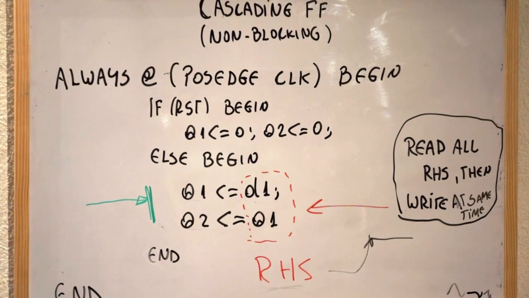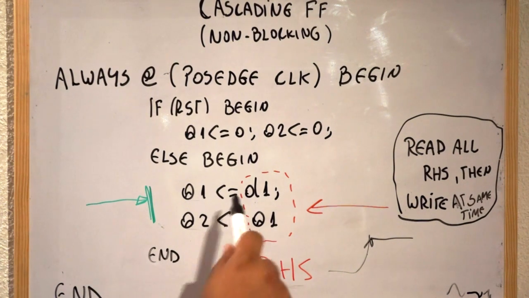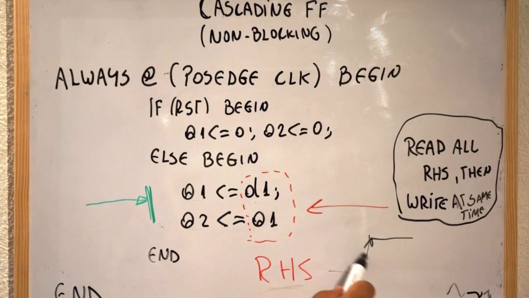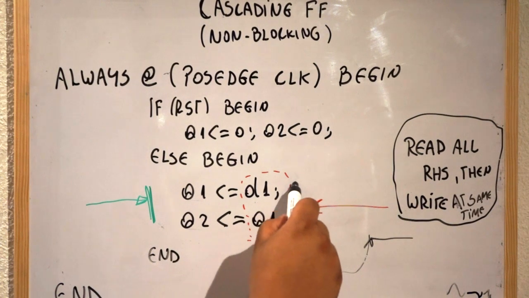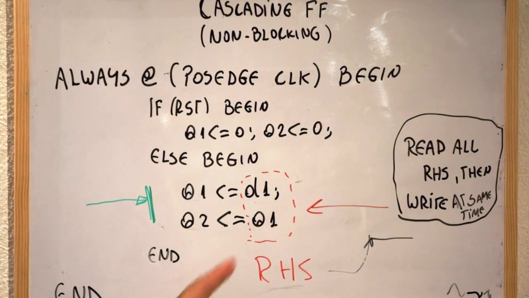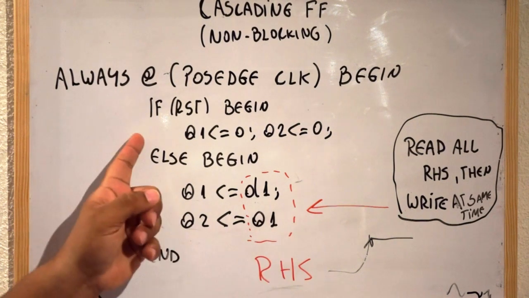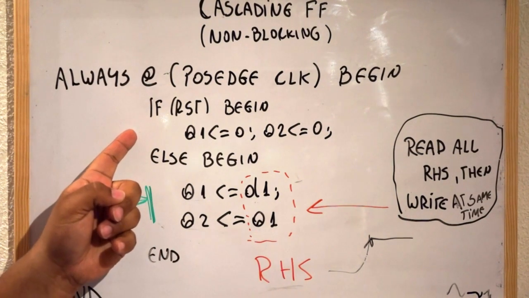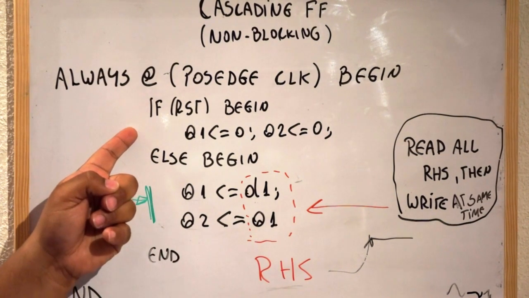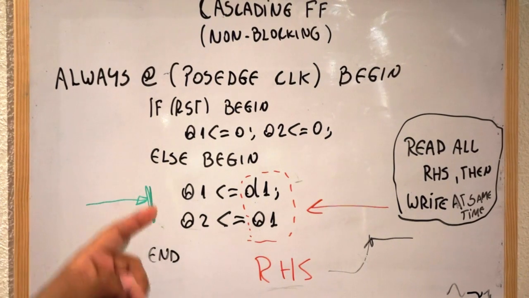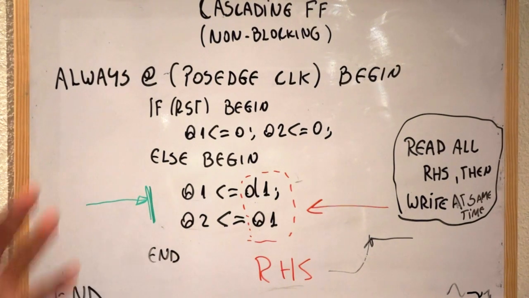So imagine that you are in the first rising edge of our clock. At this moment, D1 will be at 1 and Q1 will be at 0. Remember, the previous state, our flip-flops started in the state 0. So what will happen?